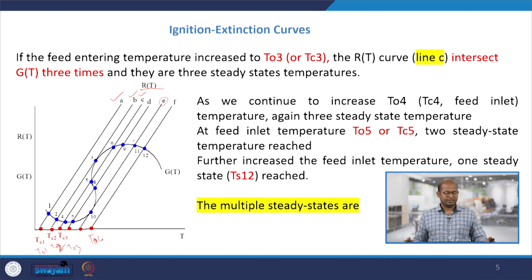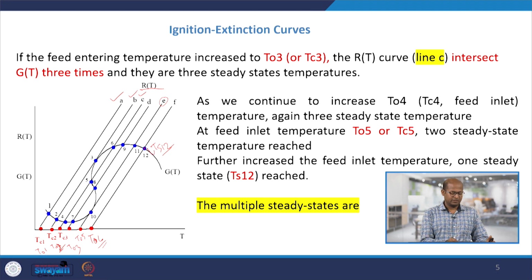So, if the feed inlet temperature is T05 or TC5, at that temperature we get two steady state points, point 10 and point 11. Similarly, if we further increase the feed inlet temperature to T06, then only one steady state, TS12, we can get.